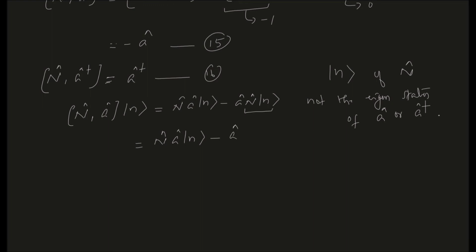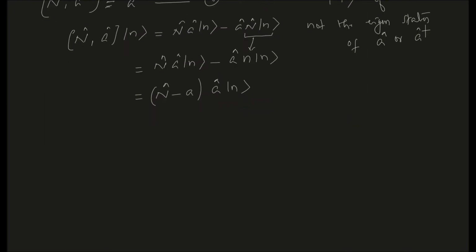So small n are the eigenstates of capital N that will give us the eigenvalue small n, right? So this can be written like this: capital N minus n, A |n>, right? But we have just seen that from equation 15 the commutation [N, A] was minus A.